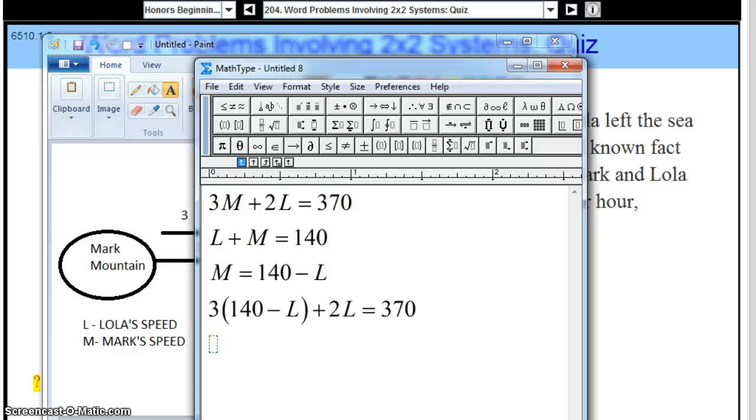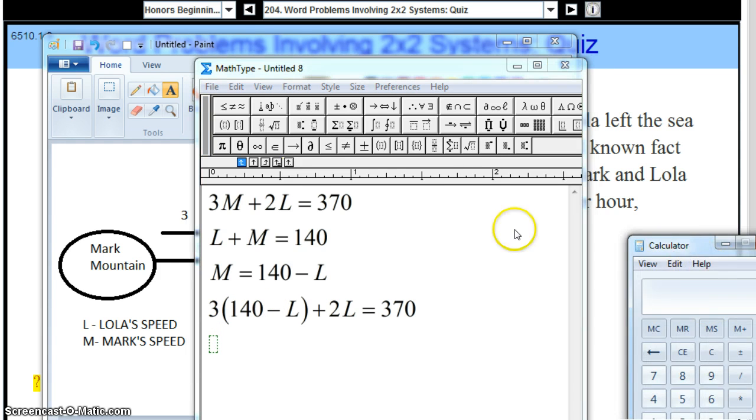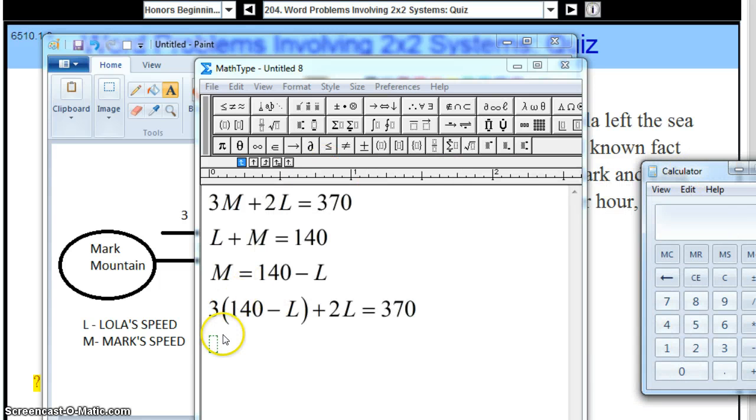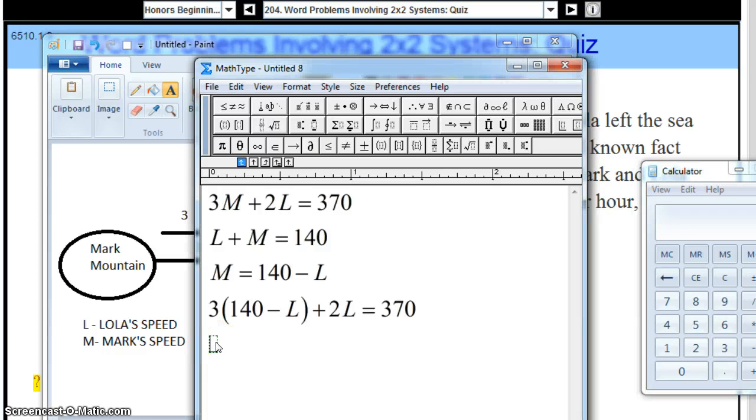Okay, let's distribute. 3 times 140, well, that's 300, plus 3 times 40 is 120. So that's 420. Again, I did that in my head, but that's a bad habit. So I'm going ahead and checking: 3 times 140, 420. Perfect. Okay, and then 3 times L is 3L. So that's 420 minus 3L plus 2L equals 370.